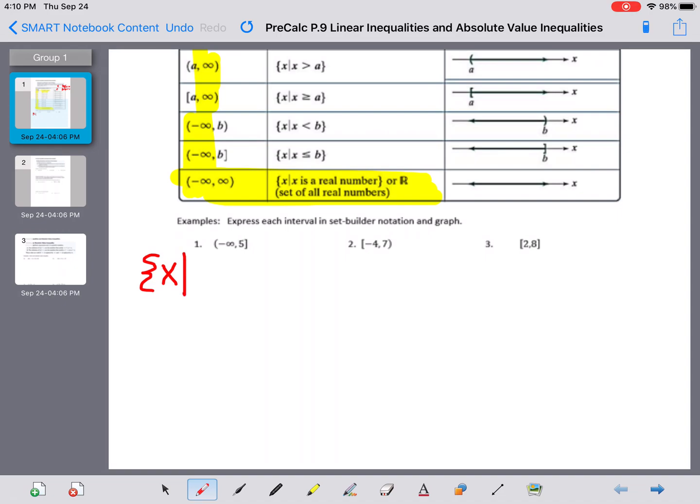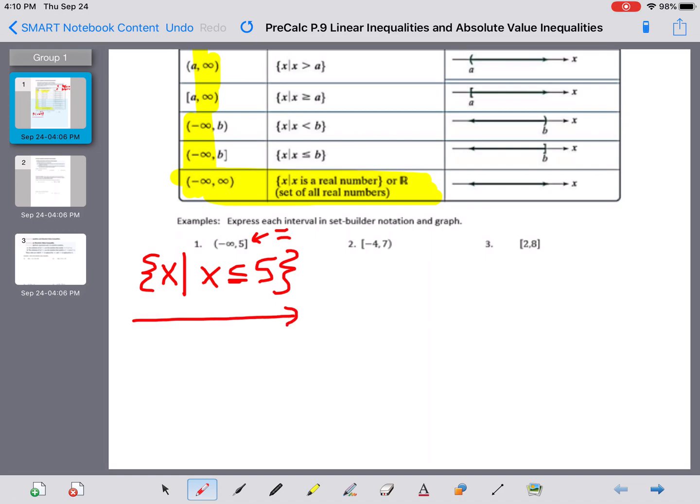It looks like x is going to be equal to 5 because of the bracket, and then it's going to be anything less than that because of the going towards negative infinity. So I'm going to have one stipulation: x needs to be less than or equal to 5, with the equal to because of the bracket. And that's my rule for that one.